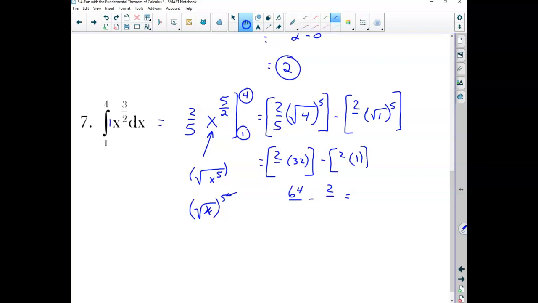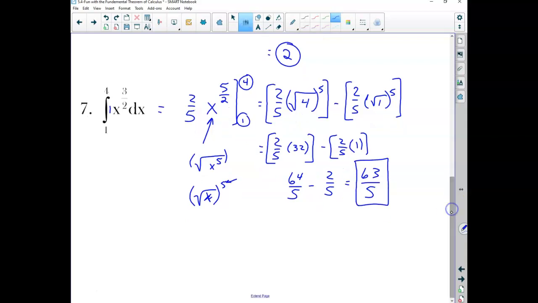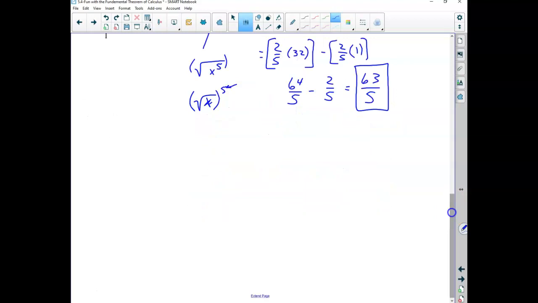So these are all 5ths, 63/5ths. I can call it that. And if I want to get crafty, I can get crafty. I was kind of lazy. I always left them improper, which is perfectly okay. I never took the time, usually, to turn them into mixed numbers.